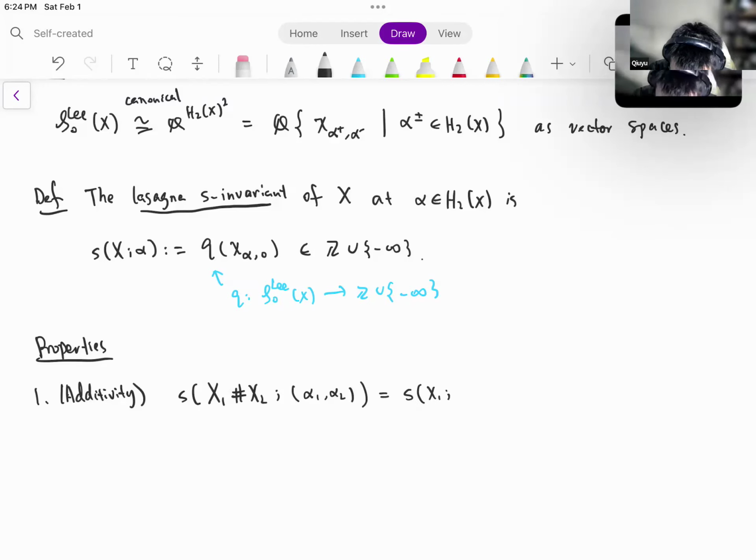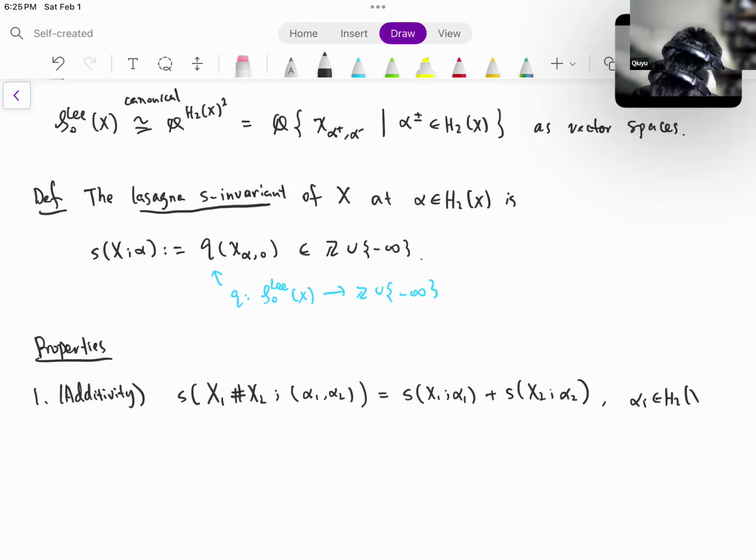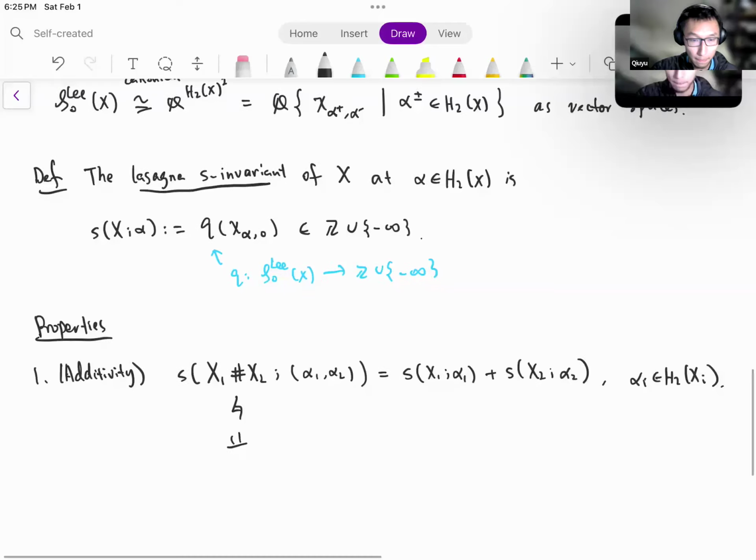It's just the sum of the alpha 1 class of X1 and the alpha 2 class of X2. And if your four-manifolds have boundary, you can also replace this connected sum with boundary sum. And you can always just trivially replace this connected sum with disjoint union, and the same formula will hold.